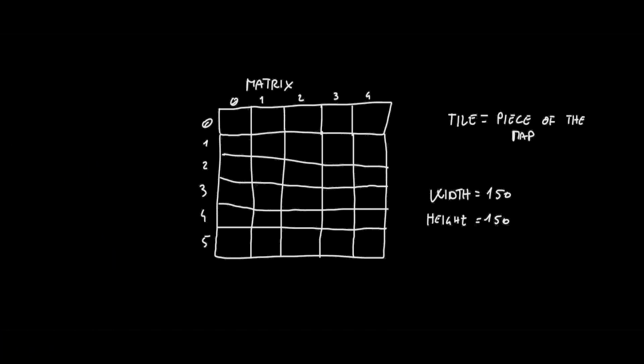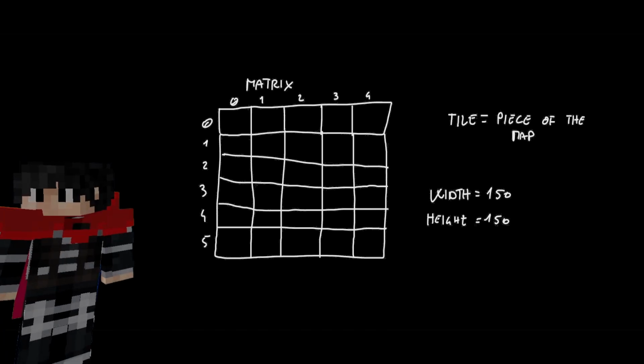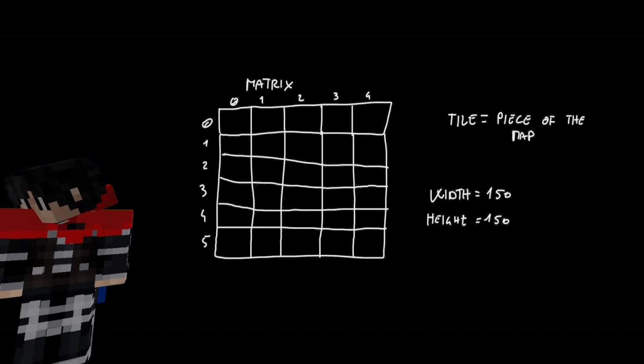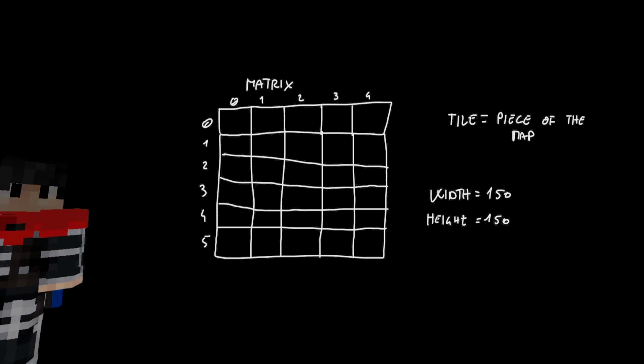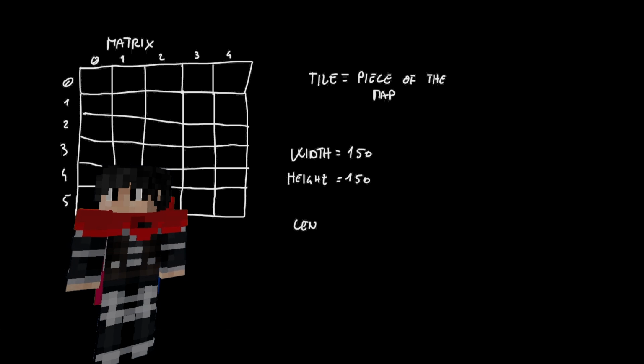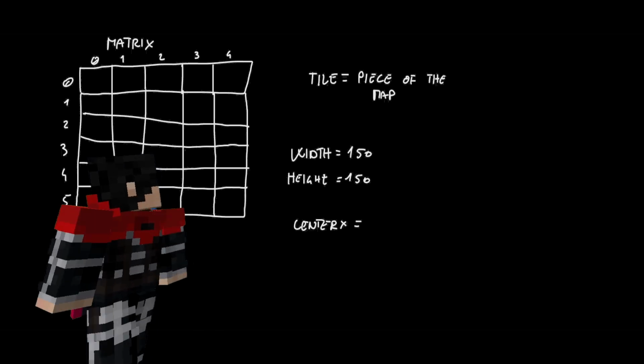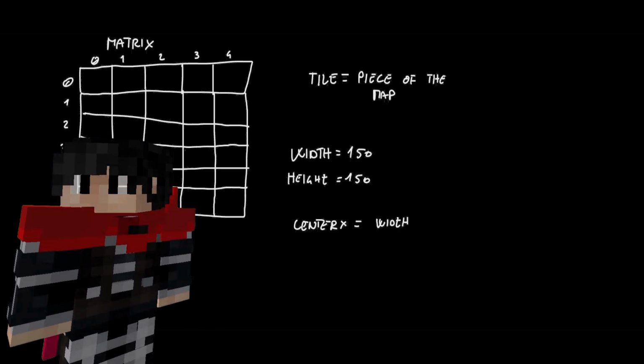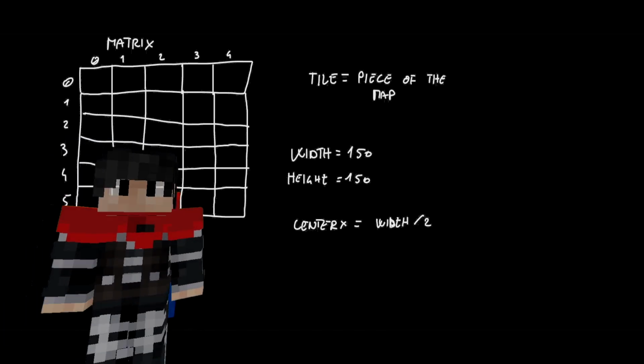Okay, so far we have seen what the map is. Now that we know what the map is and how it's made, we need to find the center. So we need an algorithm to find the center, and essentially this is very simple, because you need only to take the width and the height of the map or matrix and divide it by 2.